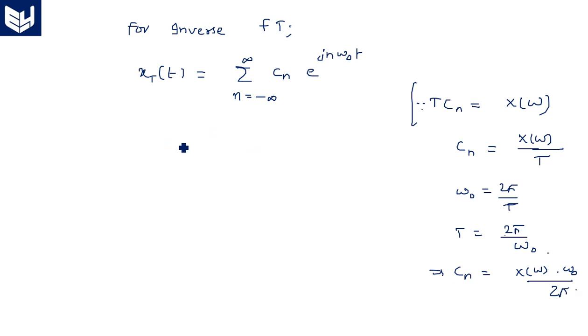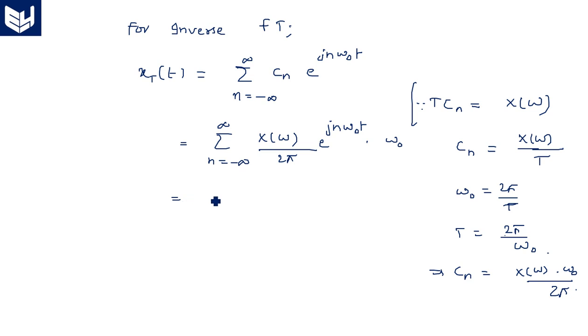Now substitute that. x_T of t is equal to summation n equal to minus infinity to infinity, what is c_n? X of omega by 2 pi e power j n omega naught t into omega naught. And we have taken this n omega naught as omega.